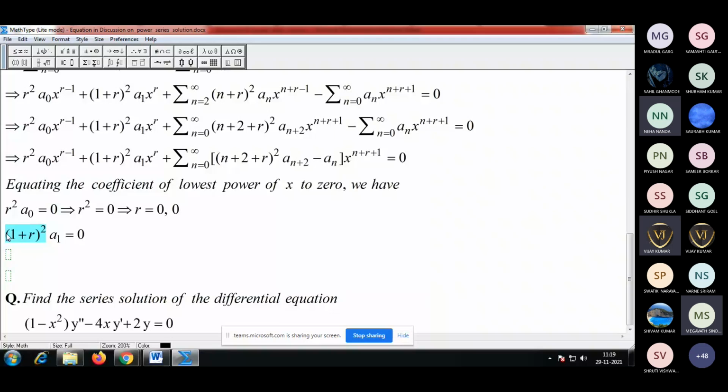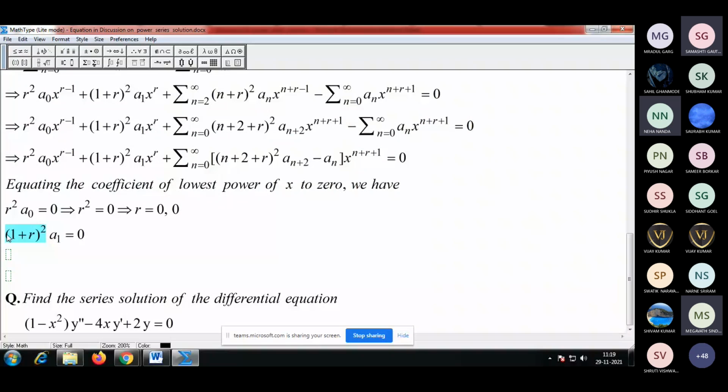Yes, sir, it may be 0. If it is 0, then what will happen? The value of r will come -1. But initially you got the value of r as 0. So if this is 0, it is not going to contradict the position.